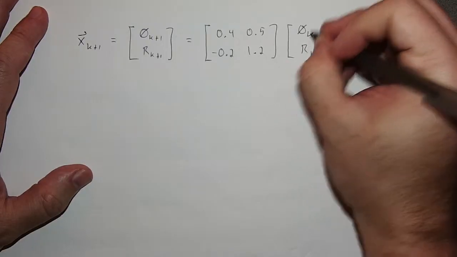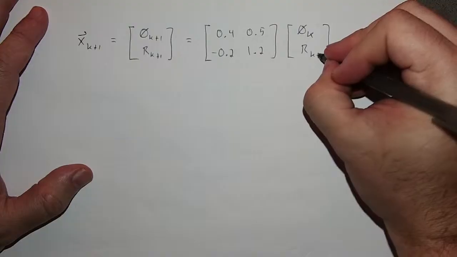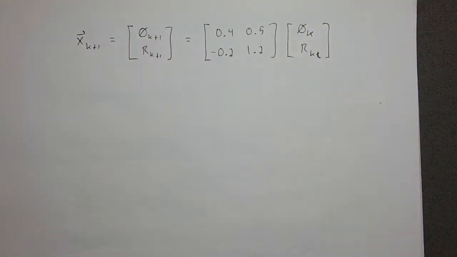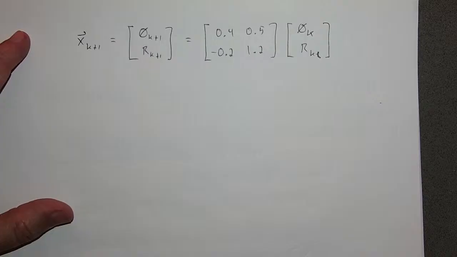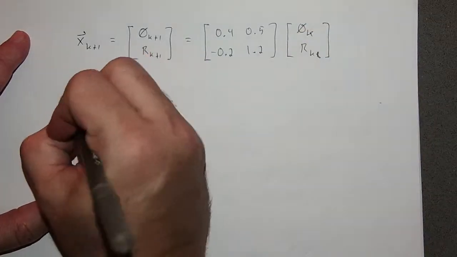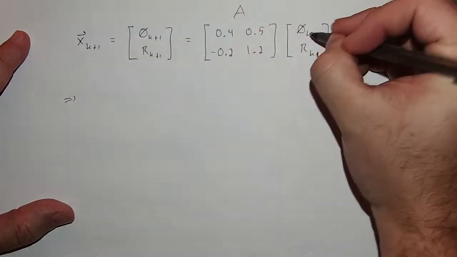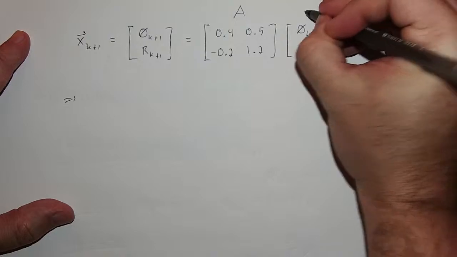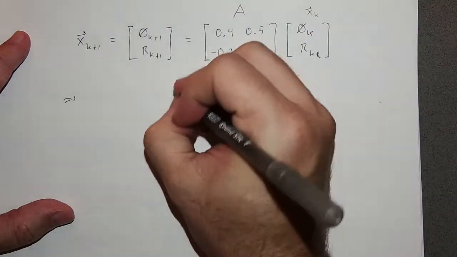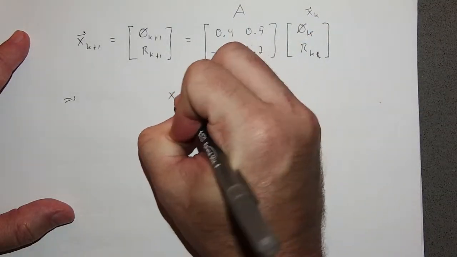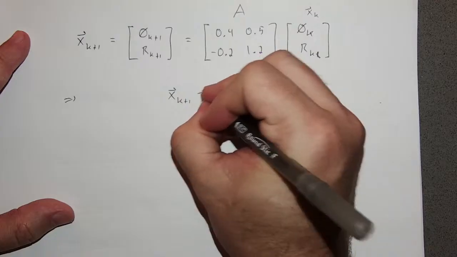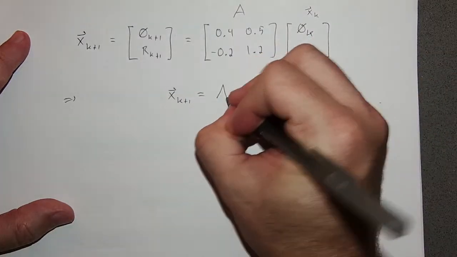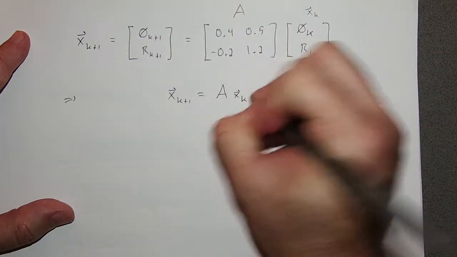Nope, or just r sub k, sorry. Going to rewrite this in even better form here. If I call this A, and I notice this is also x sub k, what I have here, x sub k plus 1 is equal to A times x sub k.